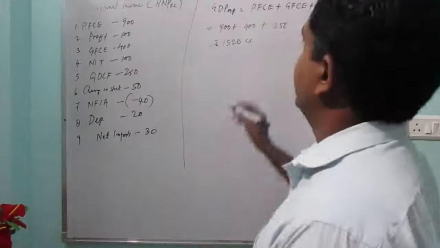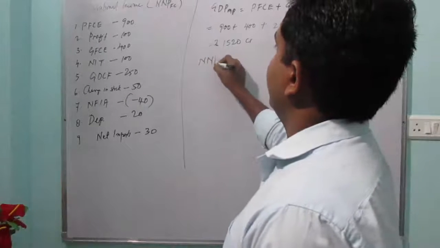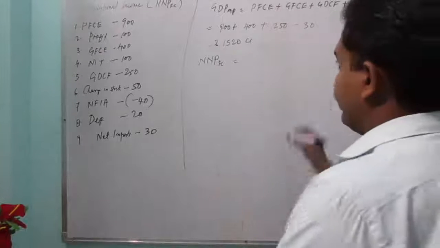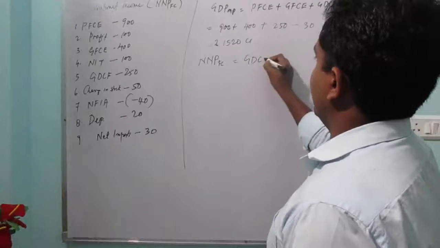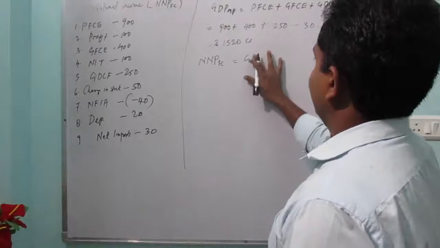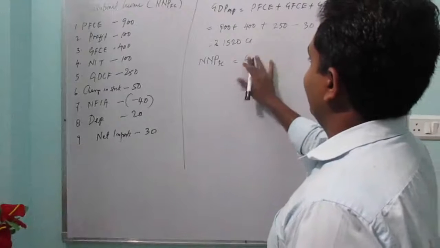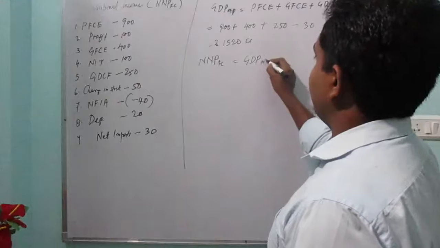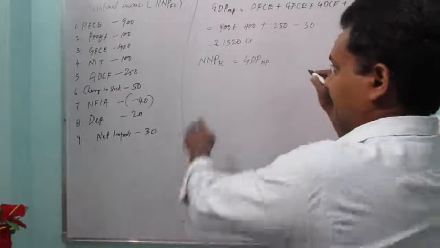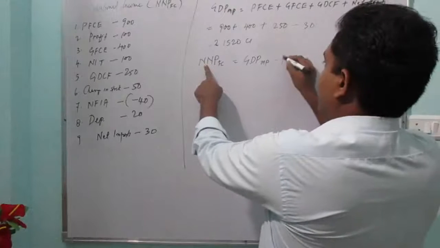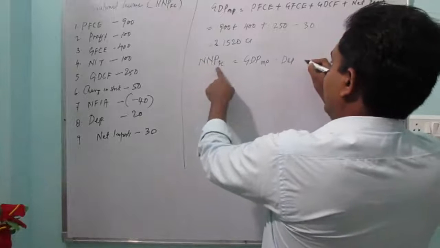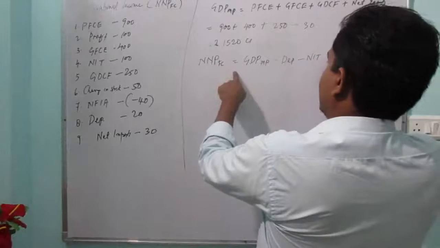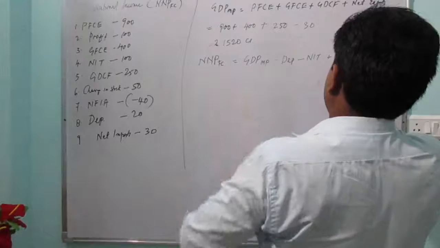What we need is NNP at FC, that is equal to GDP MP minus depreciation minus NIT plus NFIA.